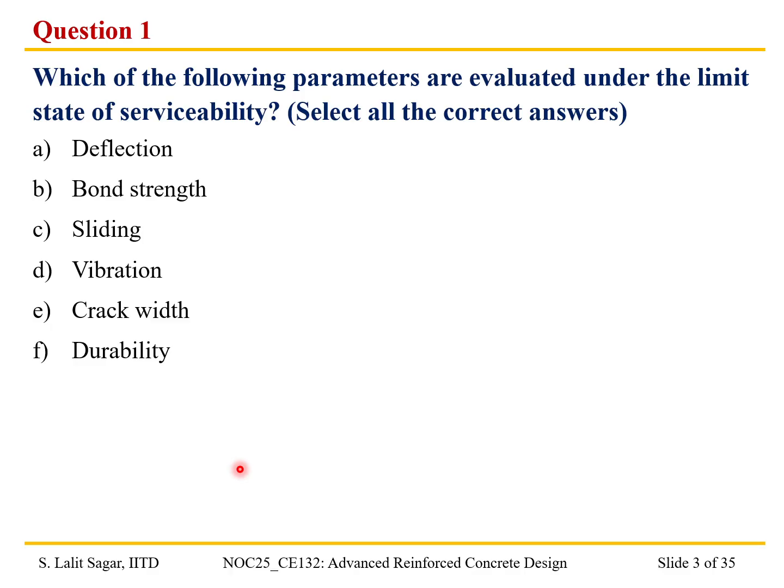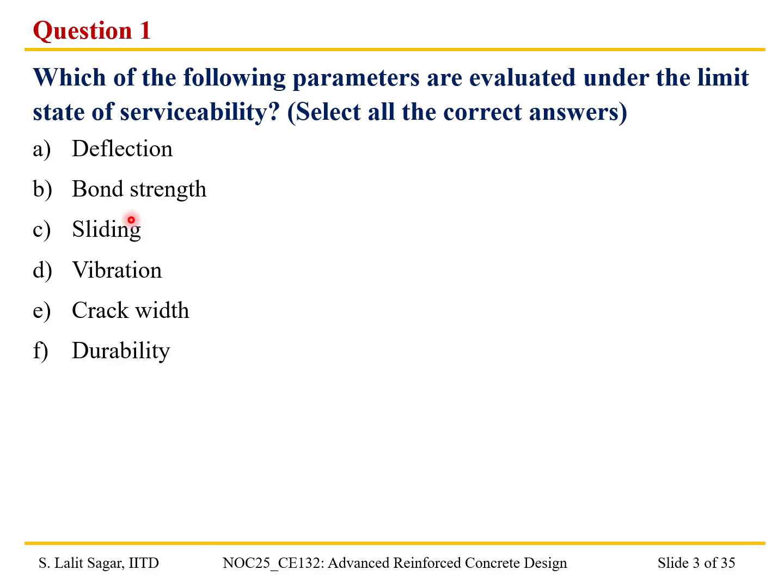So, question one is a theoretical one. Which of the following parameters are evaluated under the limit state of serviceability? There are six options, and we need to select all the correct answers.